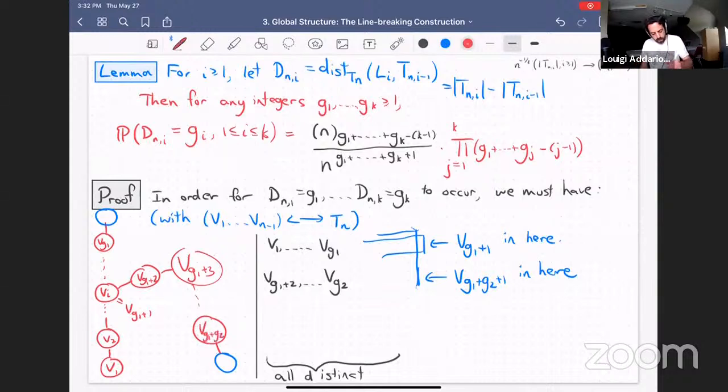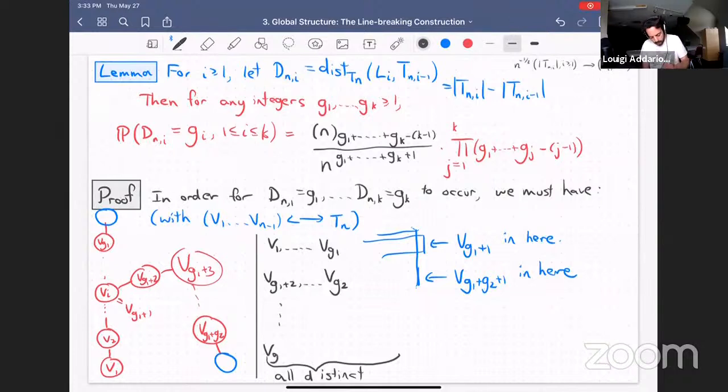Right. So then, maybe the g1 plus g2 plus 1, it's some previously seen value. It could be here, it could be here. And that has to continue all the way to the end, right? So at each step, we ask for the next branch to consist of some distinct values followed by a repetition, which can be anywhere in the previously seen vertices.